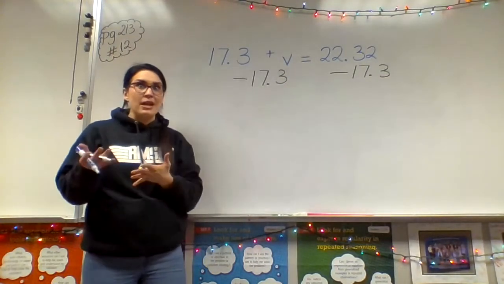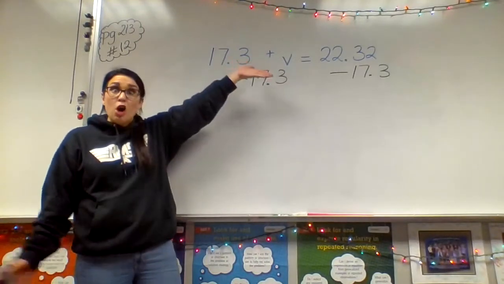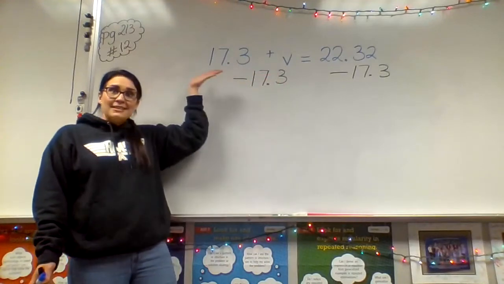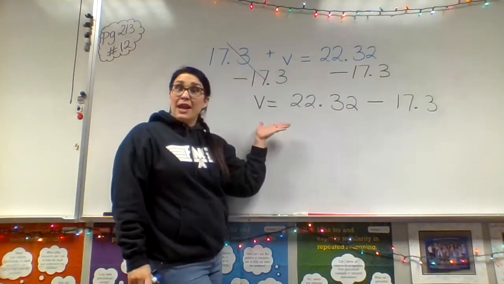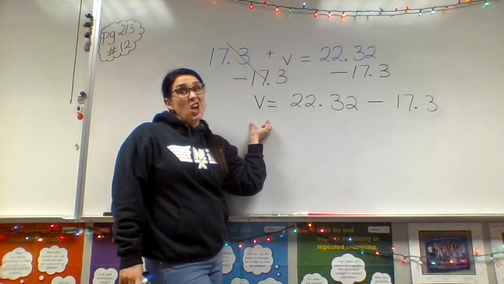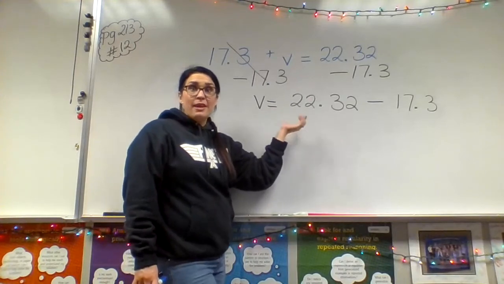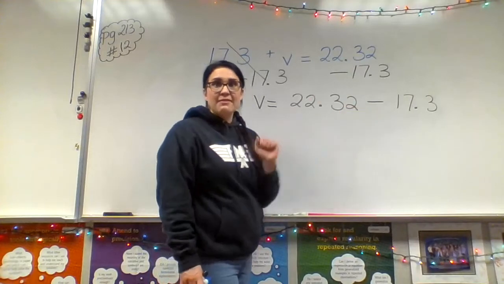I want to keep that same value throughout so that I actually know what the true value of v is, right? Remember, if I add something and then I subtract something, that's just going to cancel it out. Now I have my variable all isolated by itself, right? So now I know v is equal to 22 3200ths minus 17 3/10.